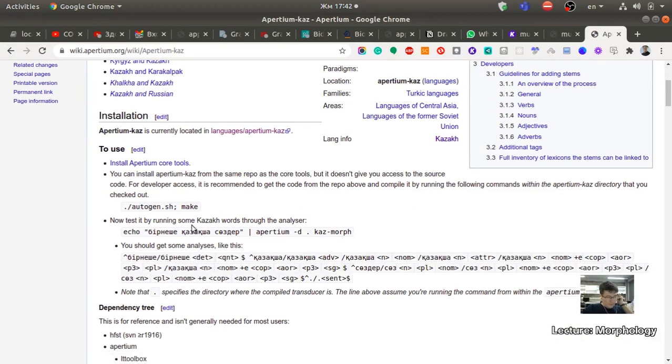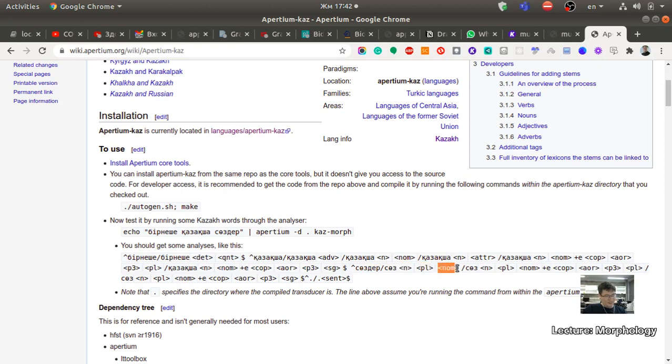So for example, Kazakh morph, бірнеше Kazakh сөздер, it says бірнеше is a determined quantifier, and Kazakhsha can be a noun attribute. Also from here sözler, it is söz, a noun, and then plural and nominal.